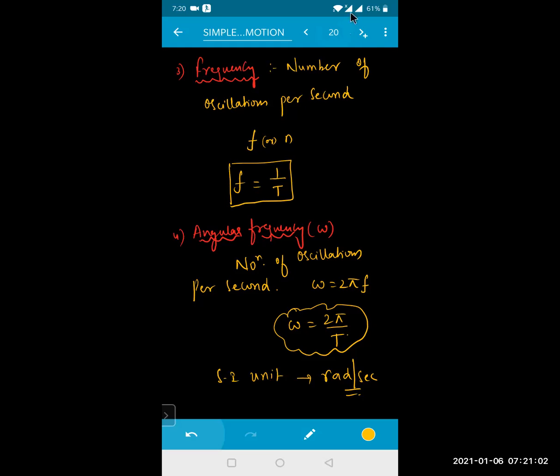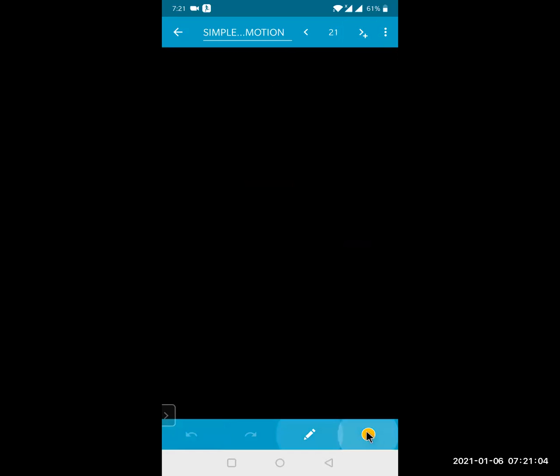So let me draw very fast the graphs associated with this. First, I'm drawing the displacement versus time graph. What is the displacement equation?